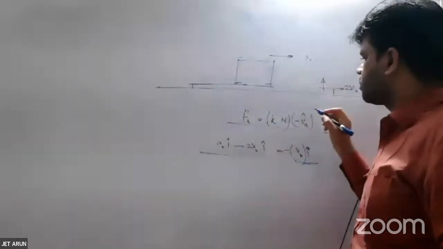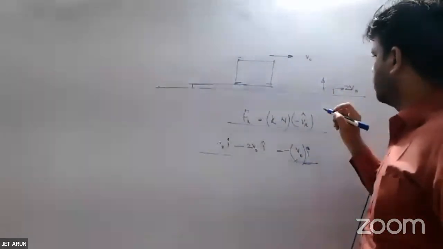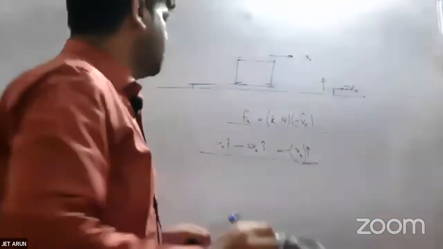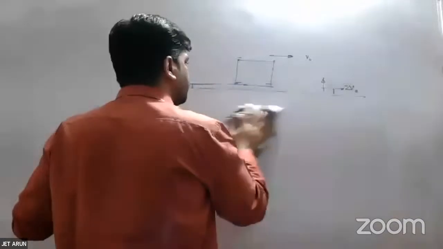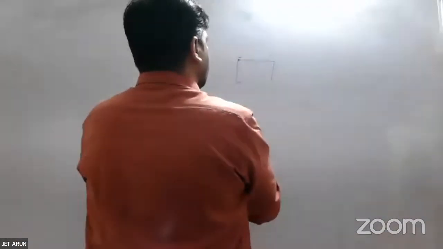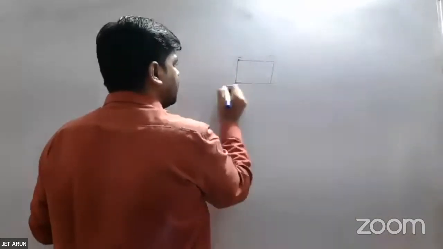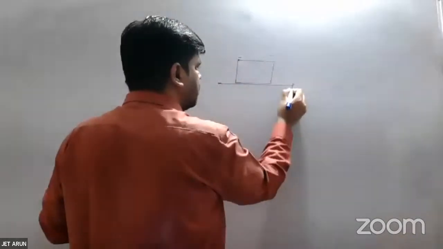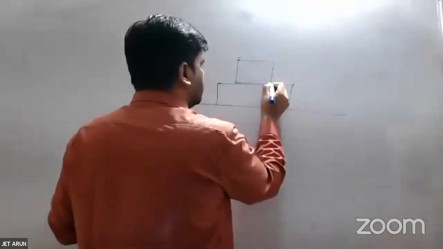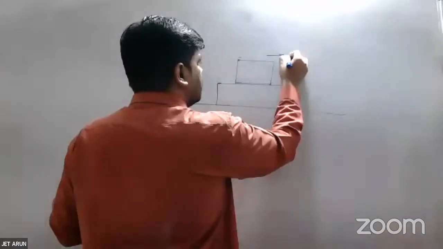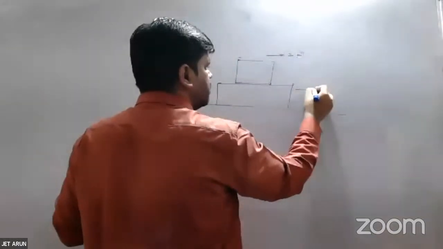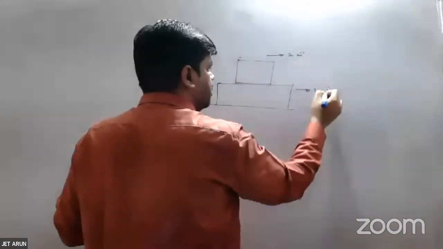All right. Okay, so I'll give you a scenario. You tell me what is the friction between the surfaces. Two meters per second, 1 meter per second.